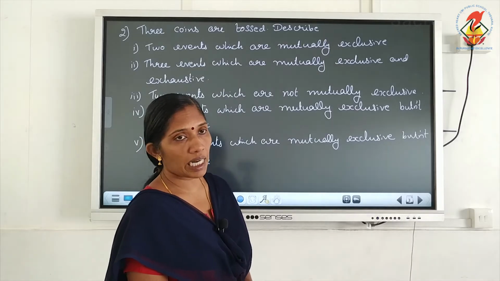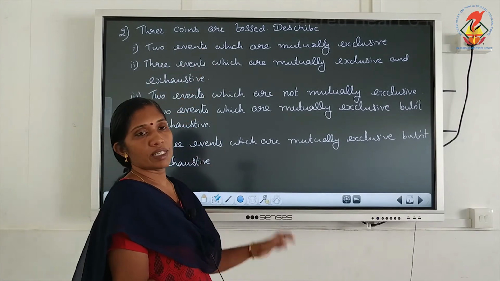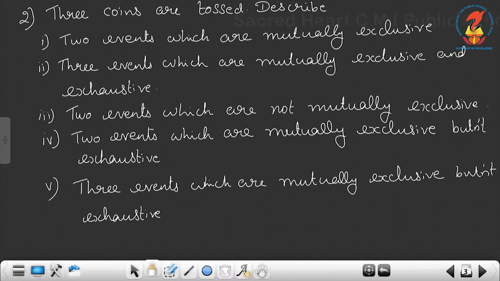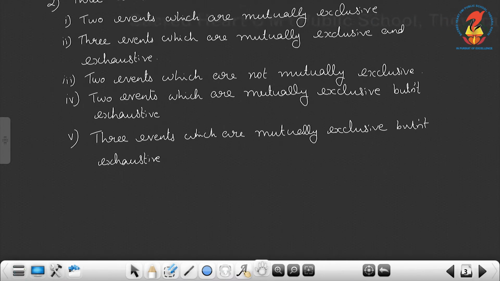So we have to describe from the random experiment. 3 coins are tossed, so take the sample space. From that we can take each one. What is the sample space? 3 coins are tossed.